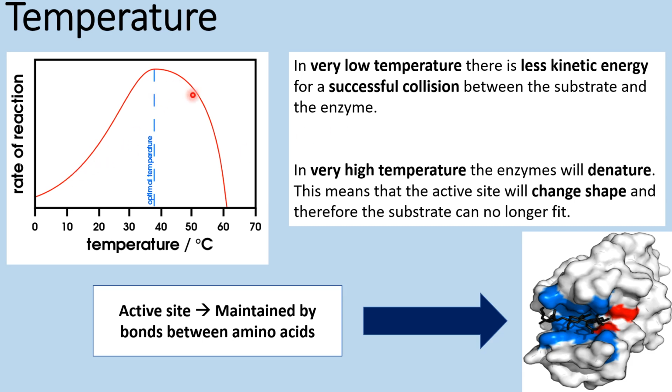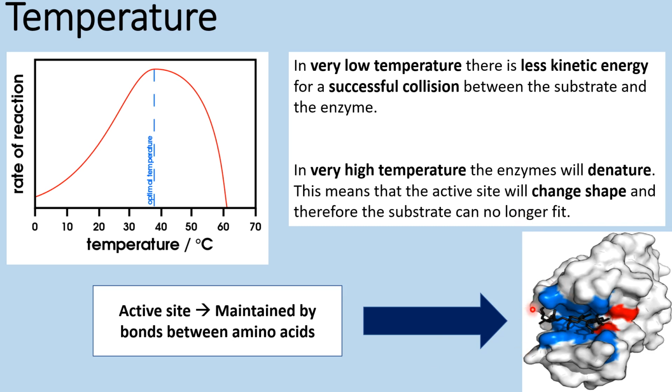When the temperature is very high, the enzyme has denatured. This means the active site has changed shape, and therefore the substrate can no longer fit, and hence the rate of reaction decreases all the way to 0.